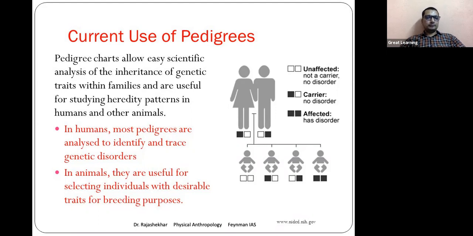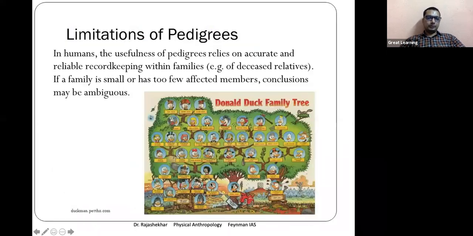The last part: problems or issues associated with this, or limitations of this. So you see the Donald Duck family tree here.